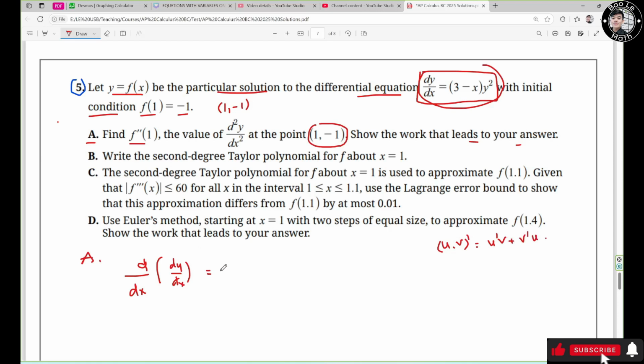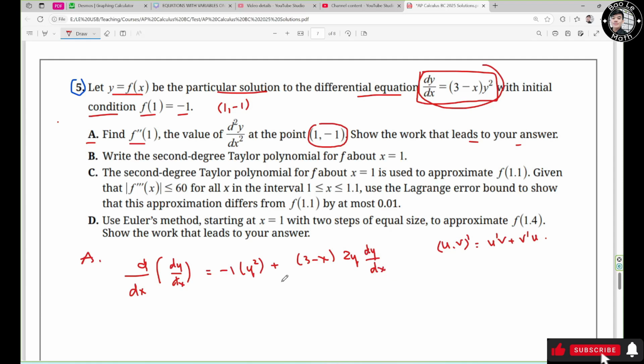So the derivative of 3 minus s is negative 1, times y squared, plus 3 minus s times 2y dy over ds.